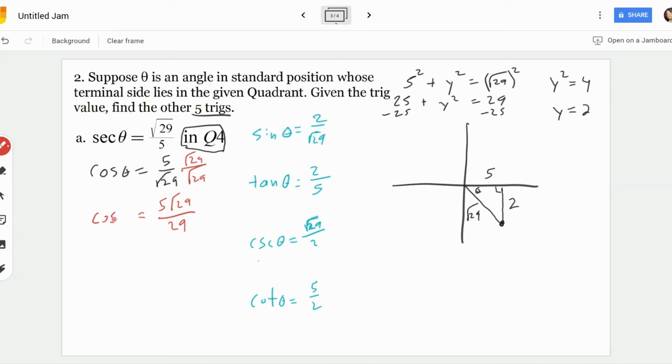That's what cosine of theta is. Sine, we know what we're going to end up with. It's the same deal. This thing just comes at the top. It's 2 root 29, and then the bottom becomes non-radicalized. So 29.